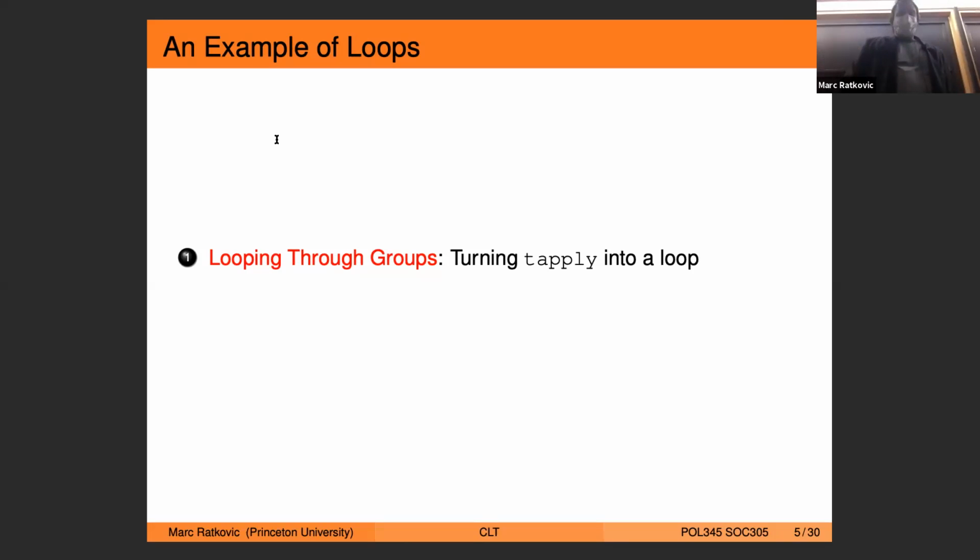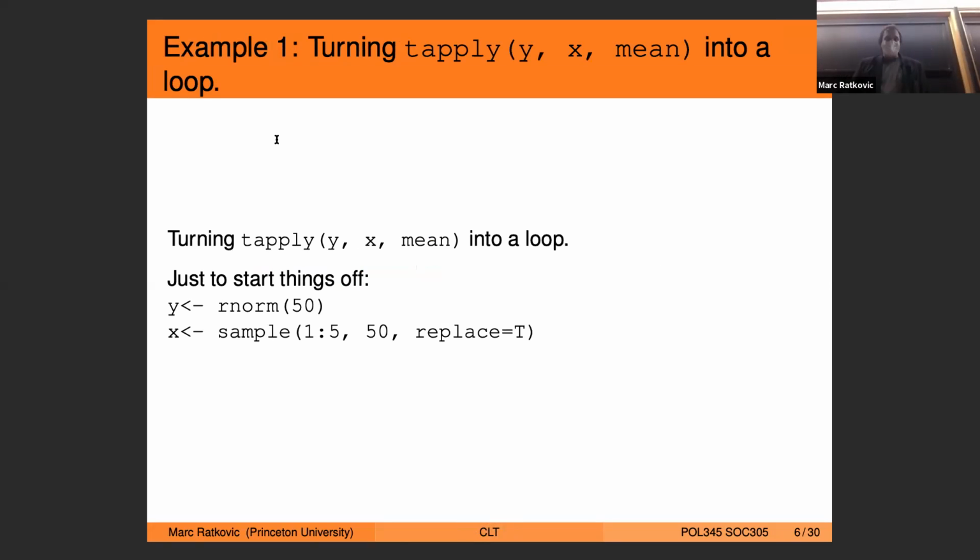What we're going to talk about today is looping through groups. This is going to be the basic loop that you're going to do. And we're going to talk about how to turn tapply into a loop. Now, to refresh, the command tapply(y, x, mean) is going to take a y variable and an x variable that it treats as an index, and apply the mean function to y for every value of x.